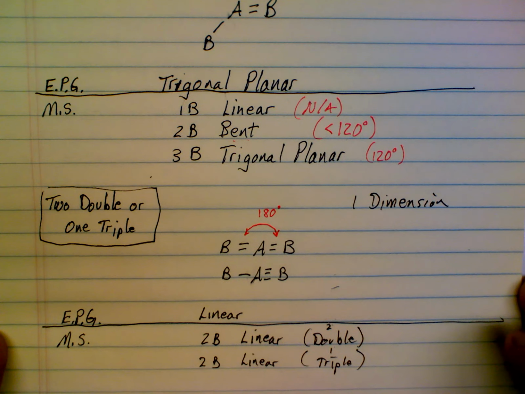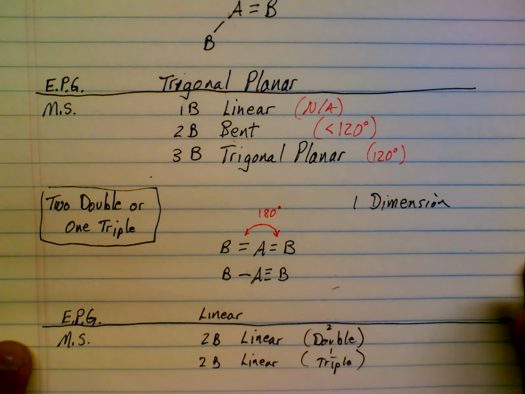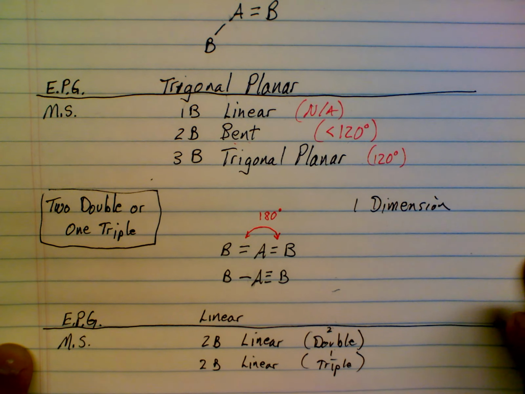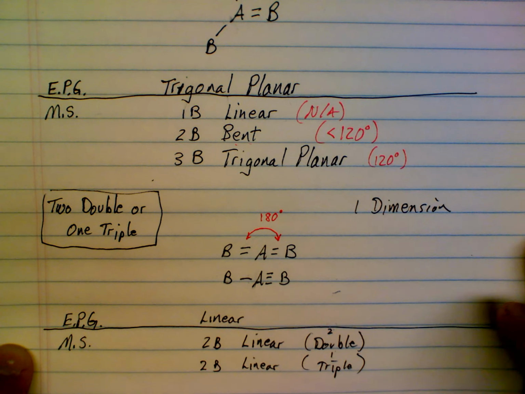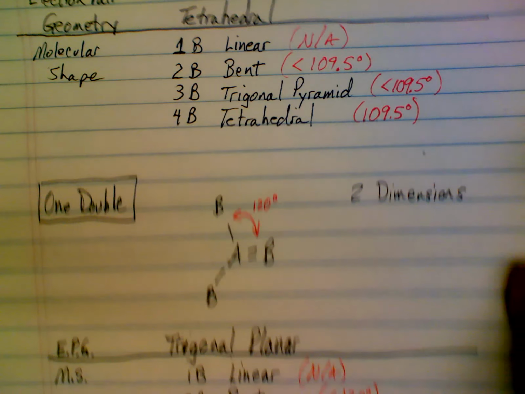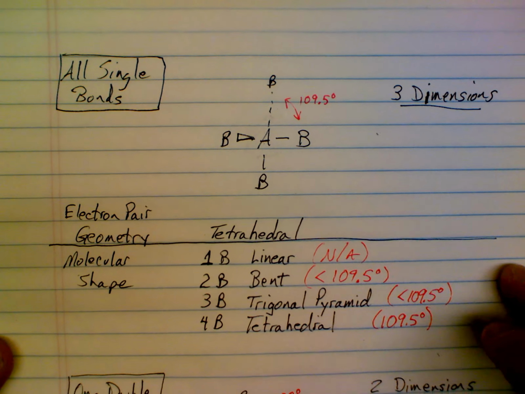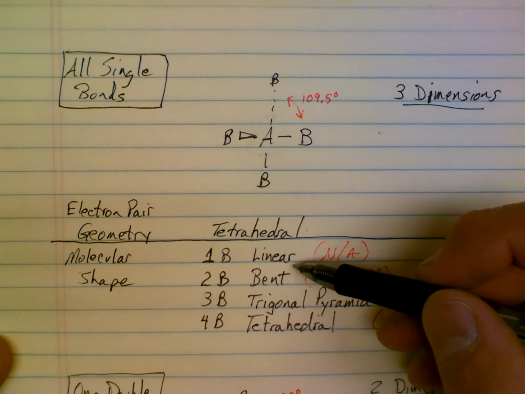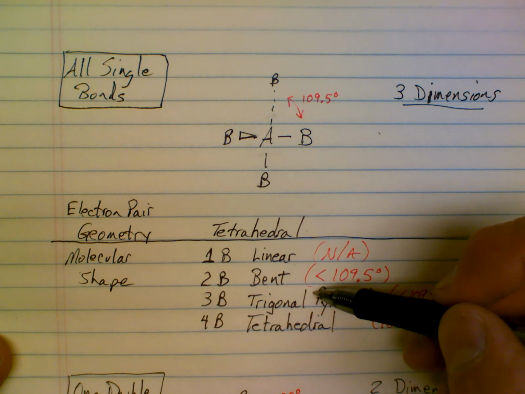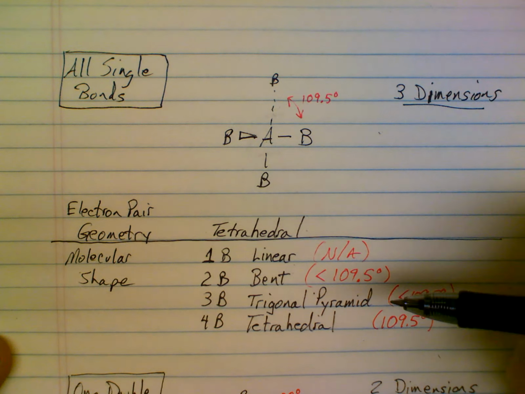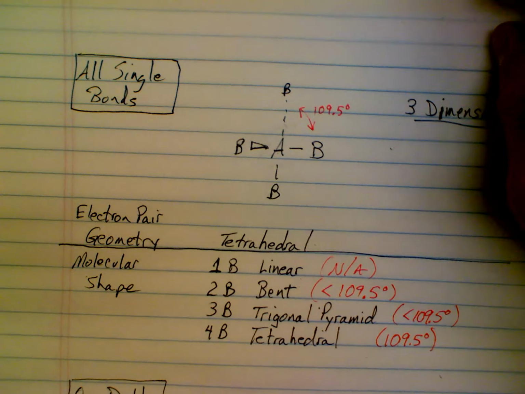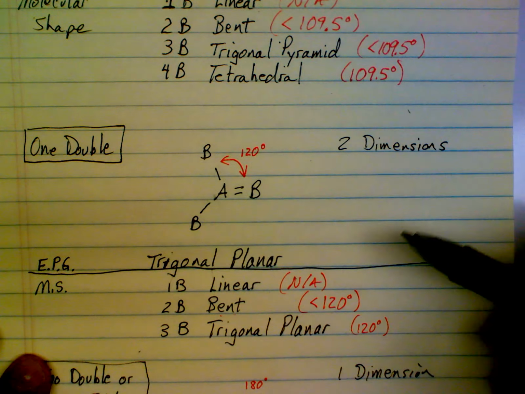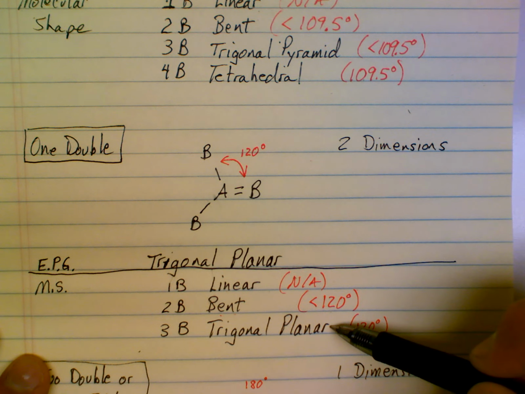So to summarize then, you really only have 5 different shapes that we have to worry about or can be concerned about in our tests. You're going to have either tetrahedral, linear, bent, trigonal pyramid. Those are 4 of them. And then trigonal planar, that's the 5th.